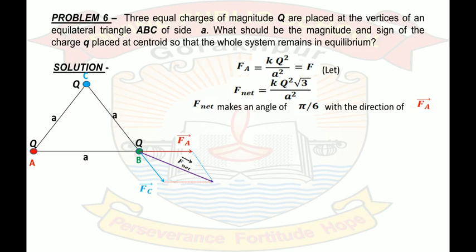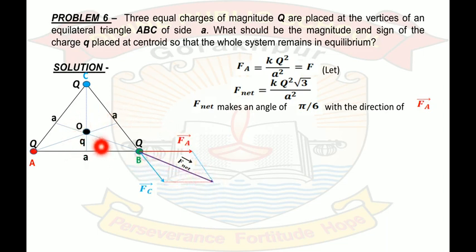Now what we have to find out is the magnitude and the sign of the charge which is placed at the centroid so that the whole system remains in equilibrium. So let us make the centroid now. For the centroid, let us draw the median. Let this be the charge q and let this be point O. Now just see, at B, the net force is acting towards this direction.